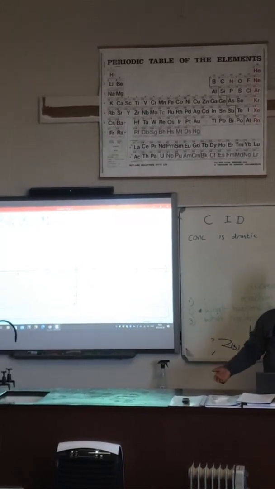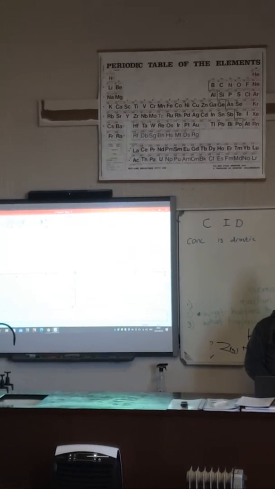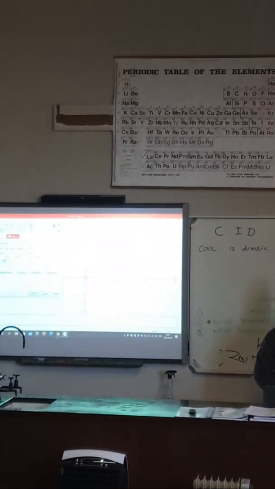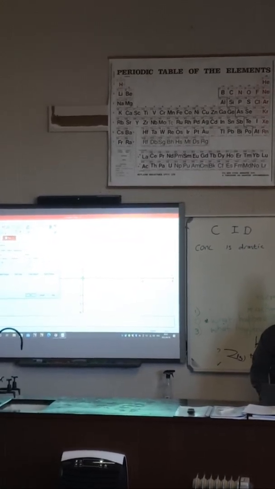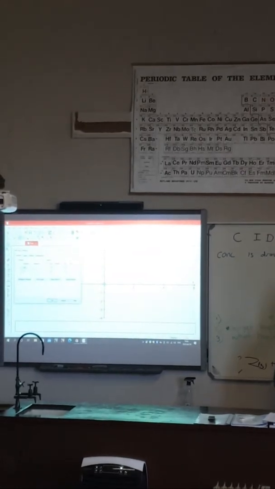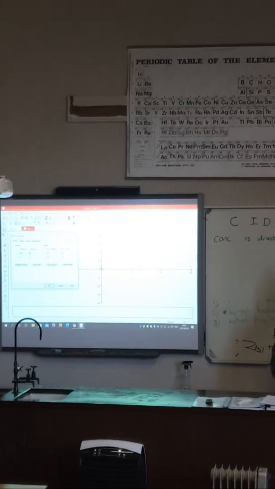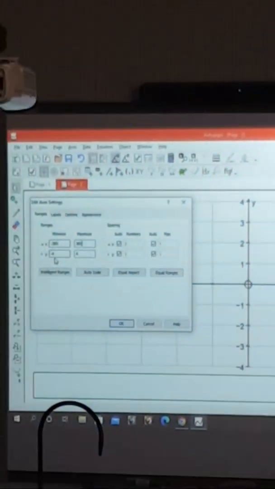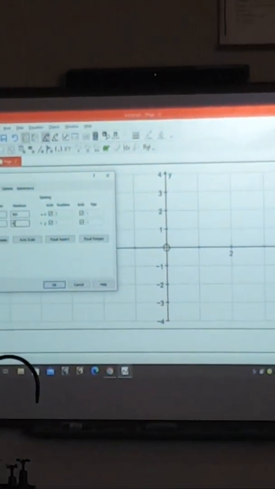Let me show them a trig graph from negative 360 to positive 360, and we can change the y-axis from negative 6 to positive 6.